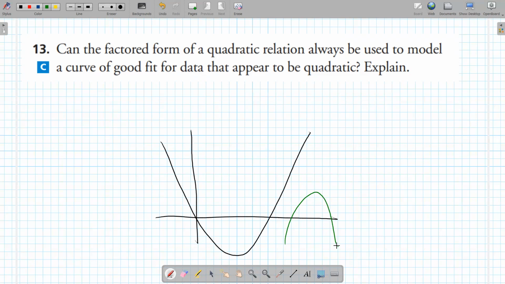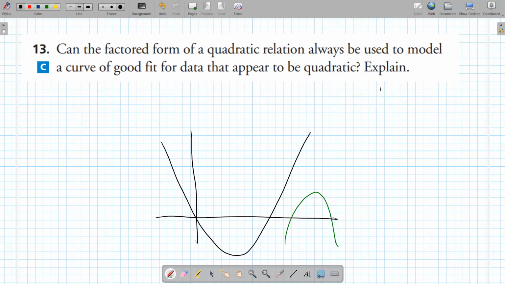What do you need to use the factored form? You need a key information. The x-intercepts. Does a quadratic always have x-intercepts? Does it need to have x-intercepts?